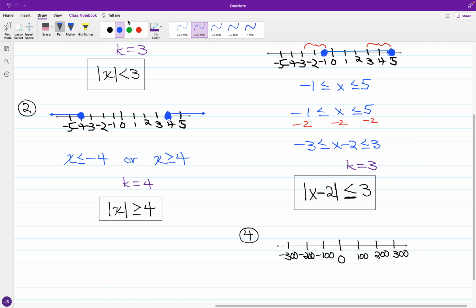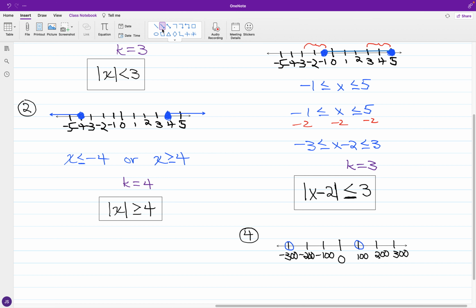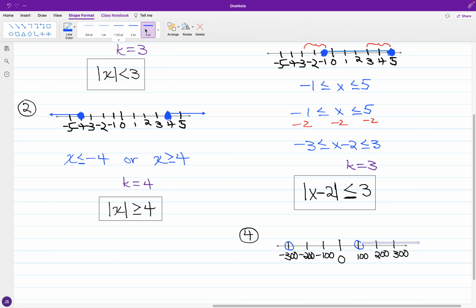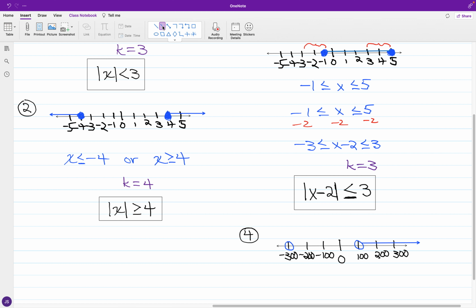Now we'll say that we have an open circle on negative 300 as well as one on positive 100. And again, we will insert rays that will be going in opposite directions.